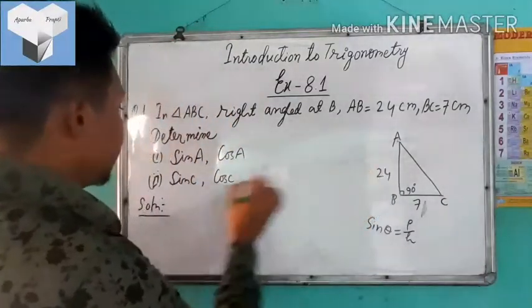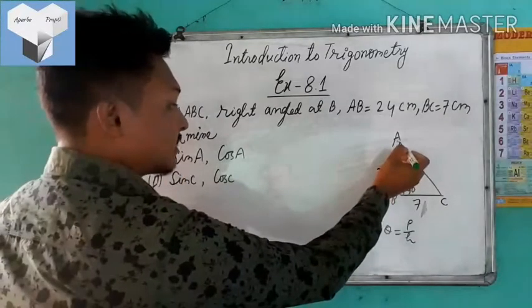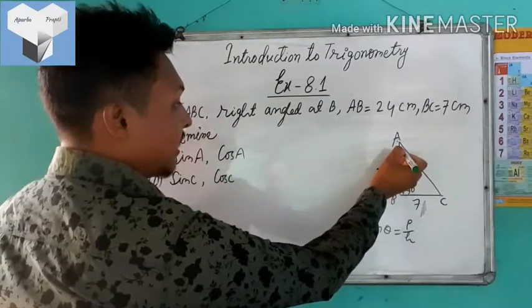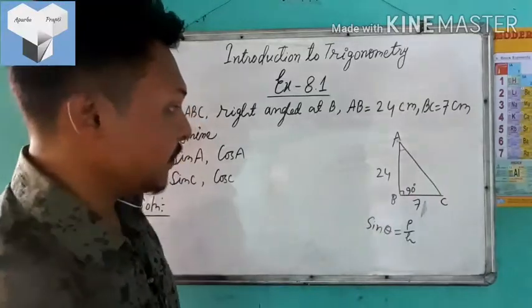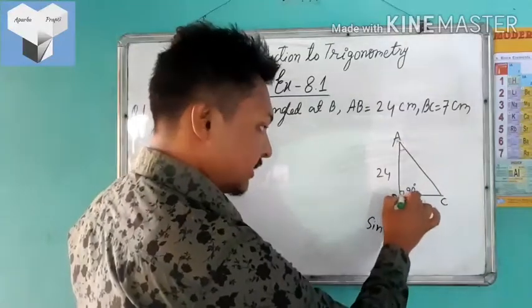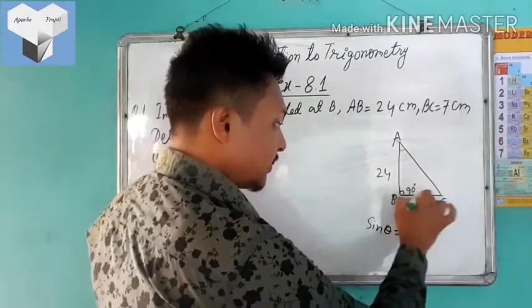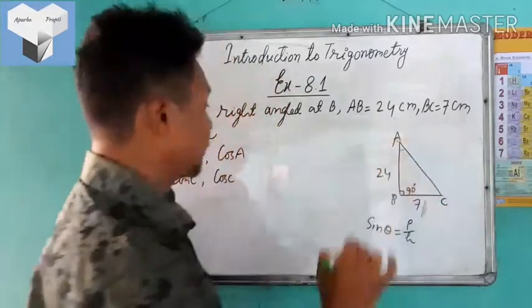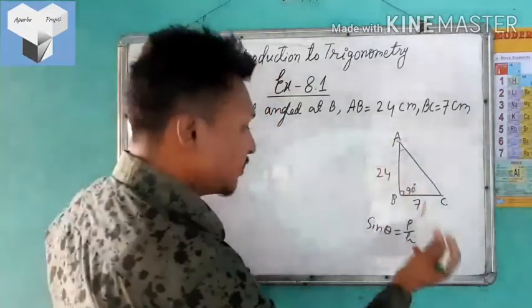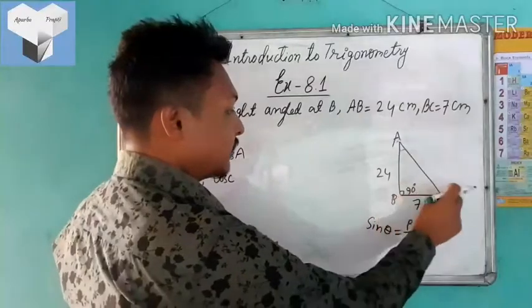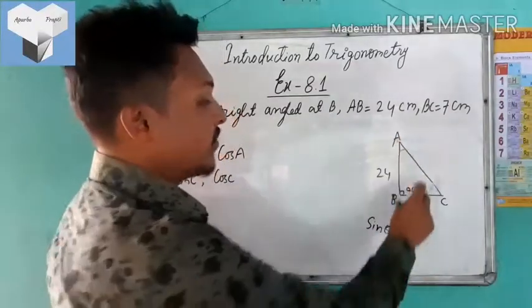Now we need to find the value of sin A. That means we need to find the sine ratio of angle A. And with respect to angle A, this is the base, this is the perpendicular, and this is the hypotenuse. So we know the value of perpendicular, but we do not know the value of hypotenuse.